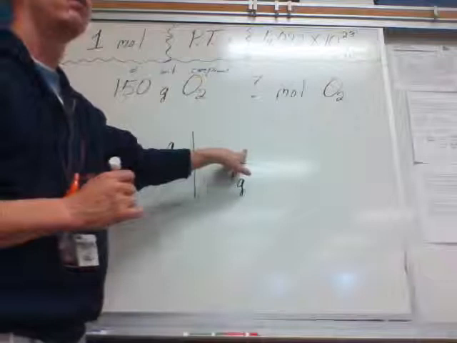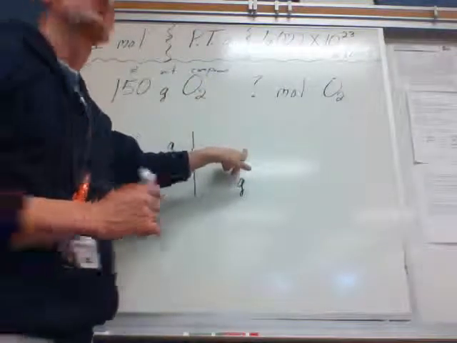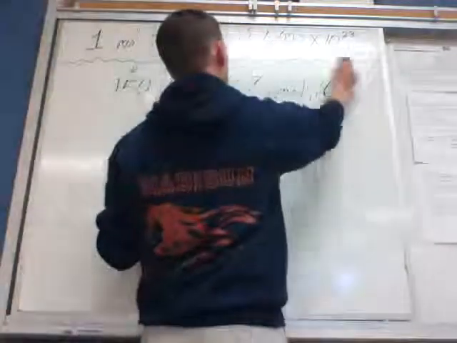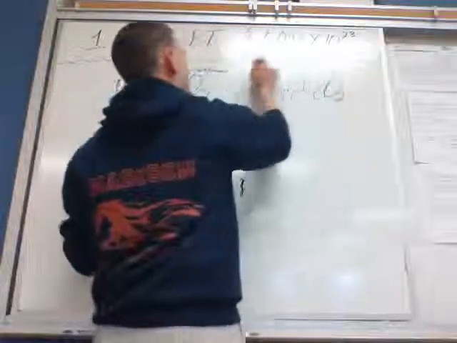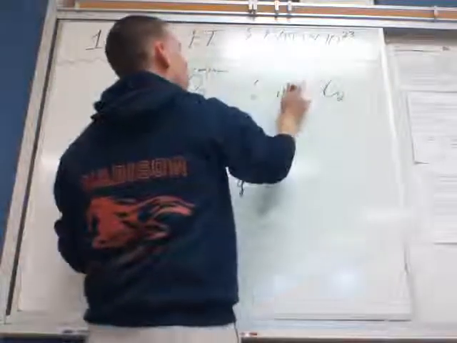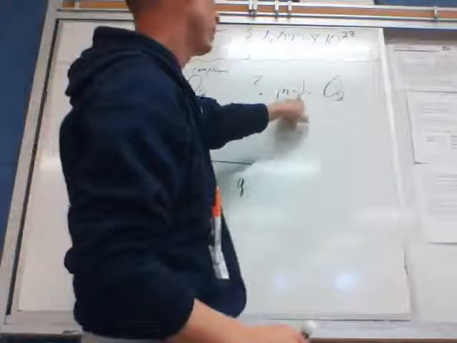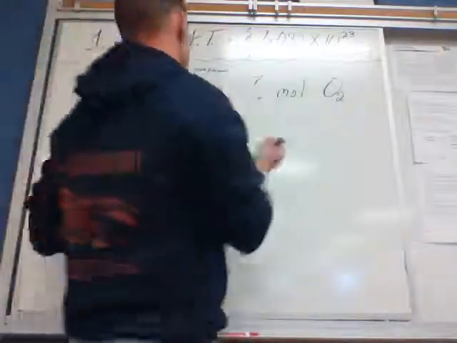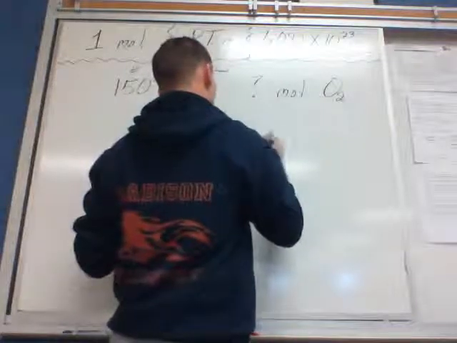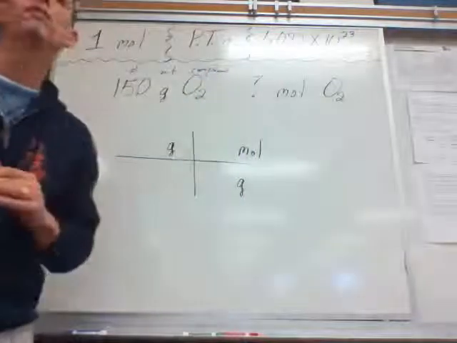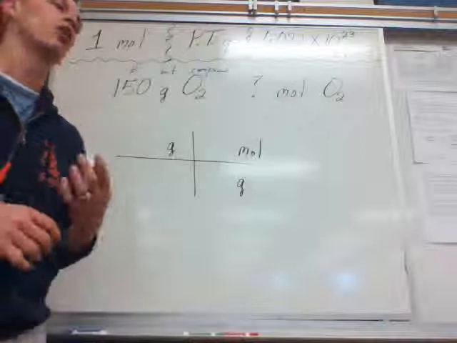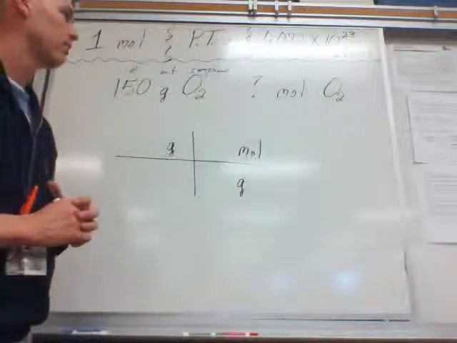What goes up here? The unknown units. So I'm going to click over to this other set of info. What are the unknown units? Moles. That's the unknown number, the unknown units, and the unknown compound, just like that. Moles. Sweet. We've got all of our non-numerical data in here.